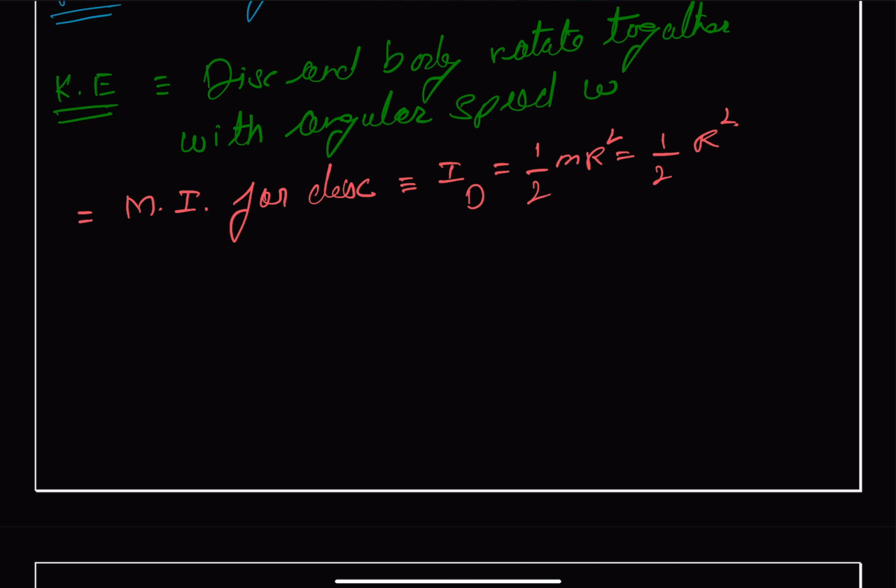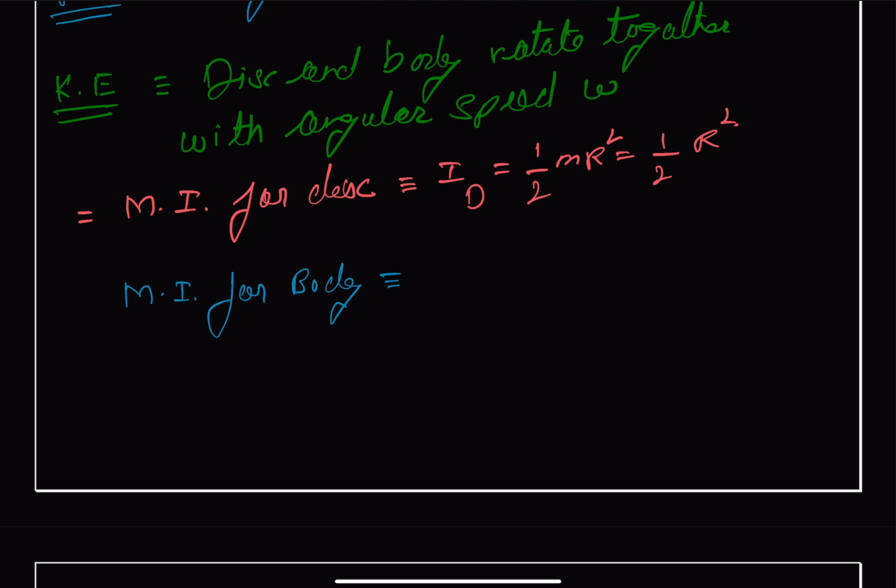And then we have the moment of inertia for the body, and the body is a point mass at a distance r from the axis.